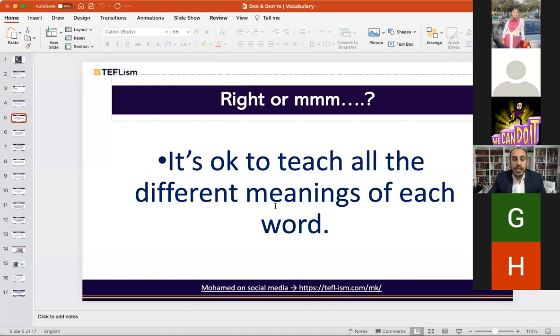If you're teaching elementary students, or let's say A1 students, the word minute, when you're teaching them how to say the time: hours, minutes, seconds. So these three words: a second, a minute, an hour.